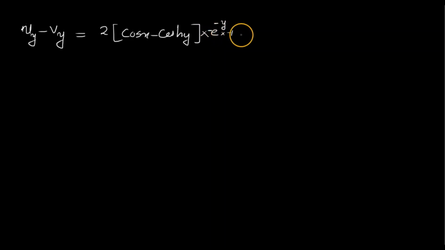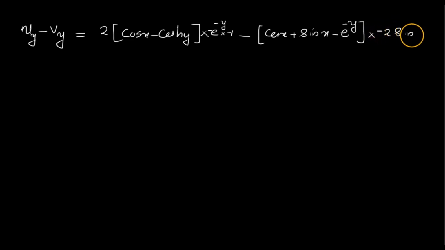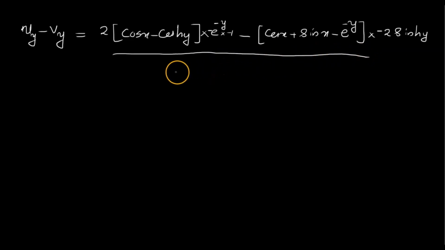So minus minus cancel, and minus of numerator is cos x plus sin x, minus e raised to minus y into derivative, which is minus 2 sinh y. Cosh y derivative is sinh y, and there is a minus 2 outside, divided by denominator square, which is same, 4 (cos x minus cosh y) all square.